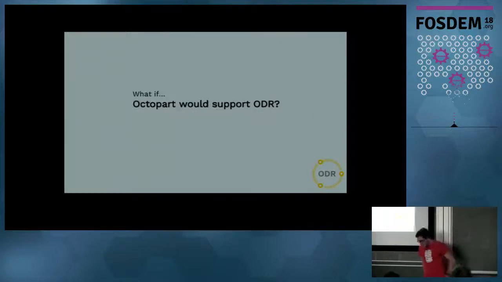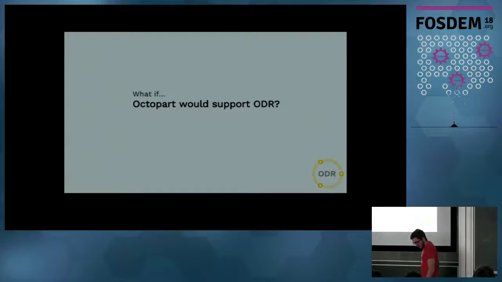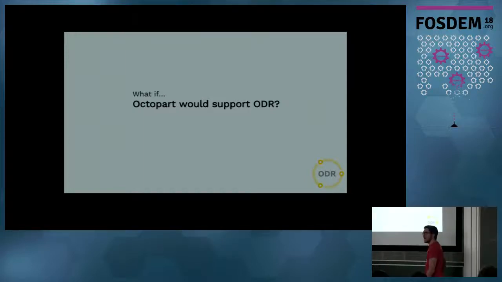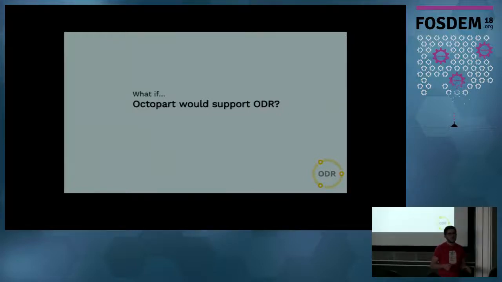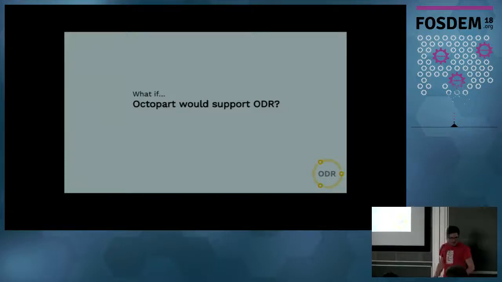So, real world examples now. Could you imagine that maybe Octopart, do you guys know Octopart? That's something like a search engine for parts, but it's a little bit more. You can actually upload your bill of materials to Octopart, and it takes care of organizing it. That's pretty handy. Give it a try.